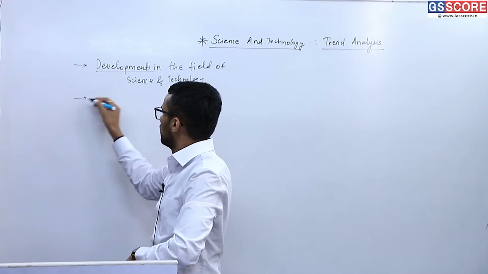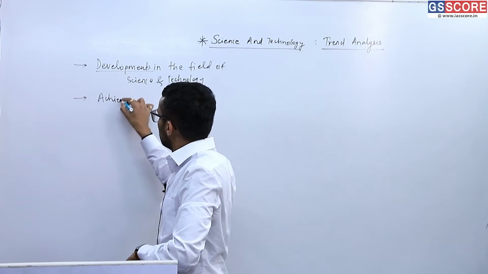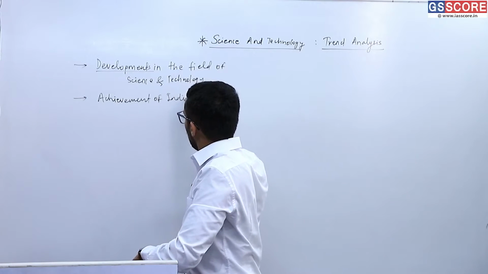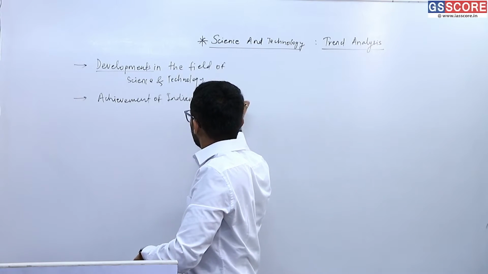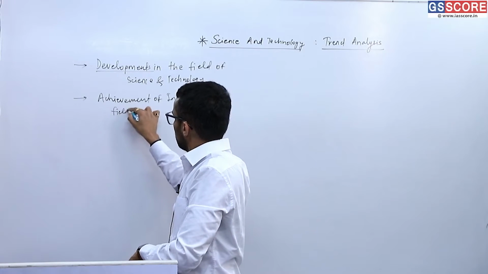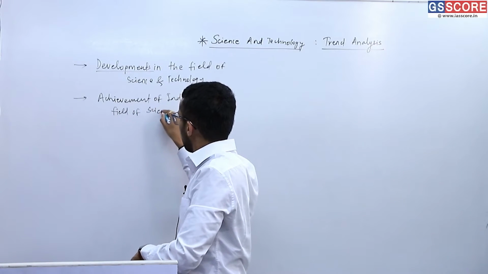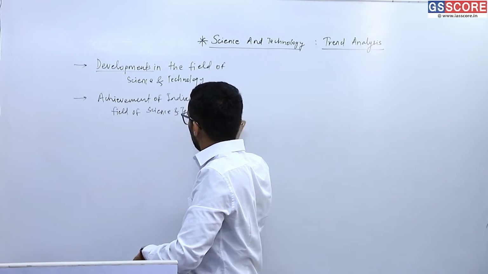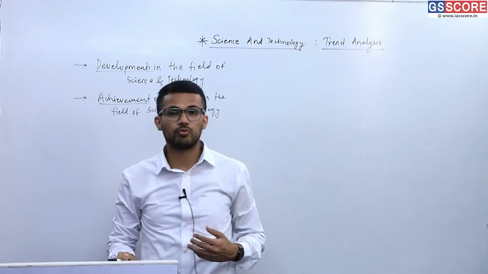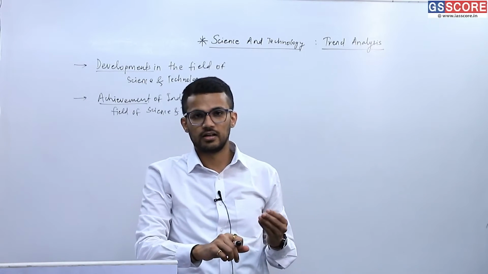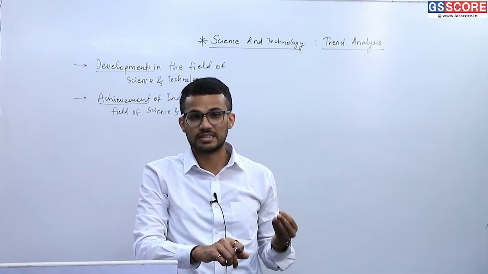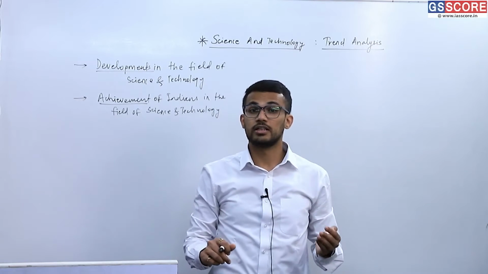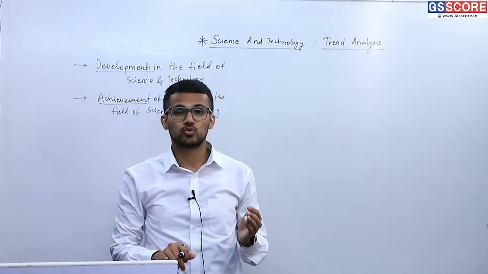Then, achievements of Indians in the field of science and technology. That means the contributions of various Indian scientists, like let's say Sir C.V. Raman, then Dr. Vikram Sarabhai, Dr. Homi Jahangir Bhabha, Dr. M.S. Swaminathan.